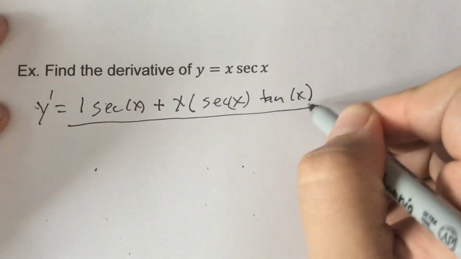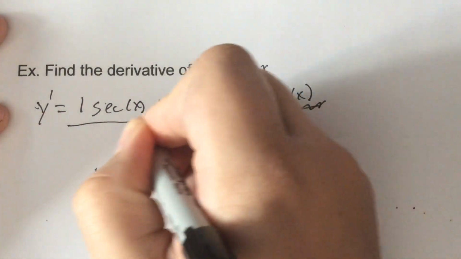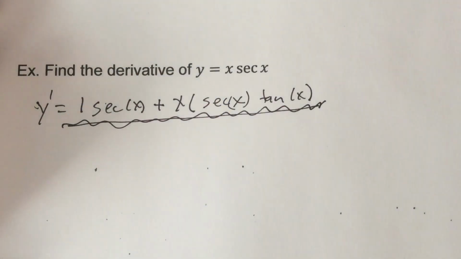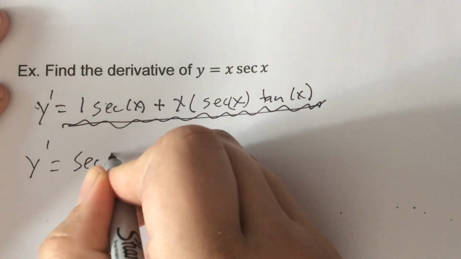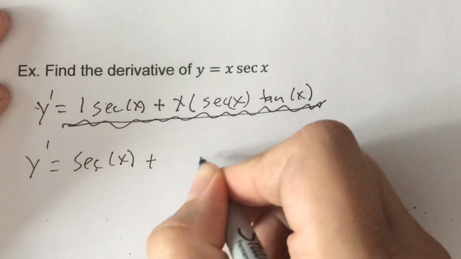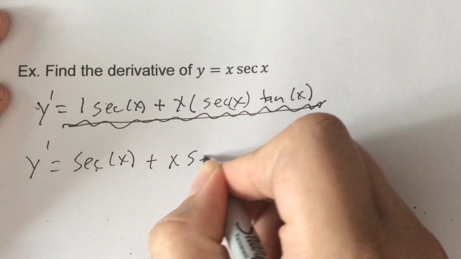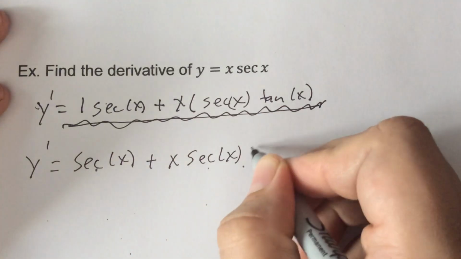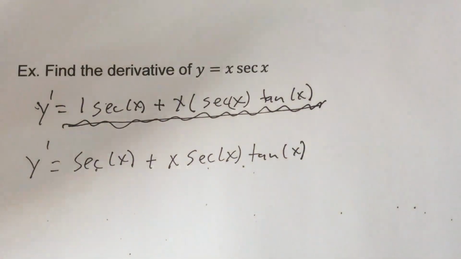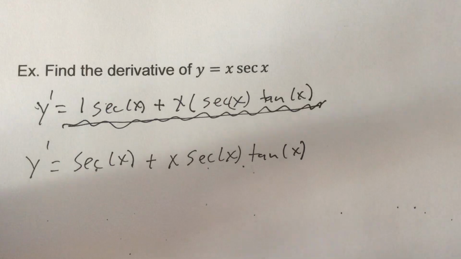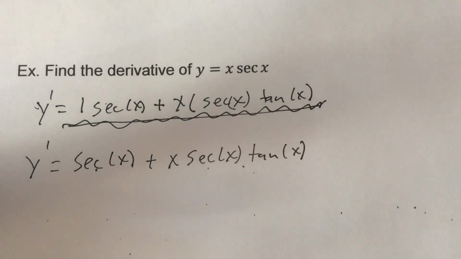It would be plus, and we don't need to divide. I was thinking quotient rule. So if we simplify this down, y prime would equal secant of x plus x secant x tangent x. Now we could pull a secant of x out. Either way works. But this is really as far as we need to take this one.